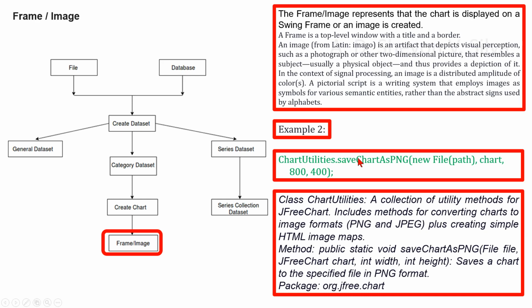maps. The method public static void saveChartAsPNG(File file, JFreeChart chart, int width, int height) saves a chart to the specified file in the PNG format.